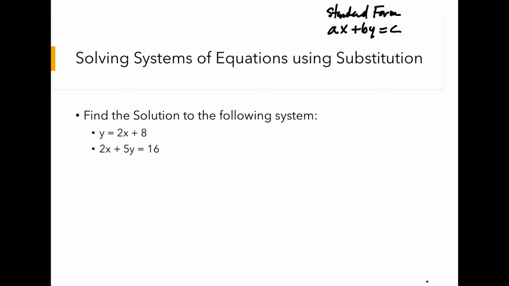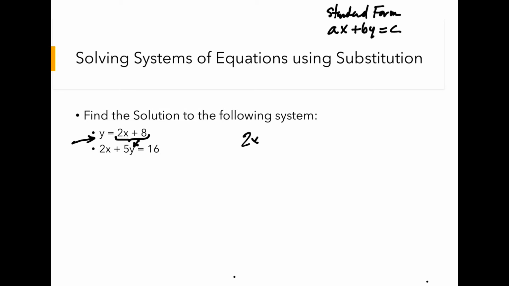I also want to point out that the first equation is already solved for one of the variables. When we say solve for a variable, that means get it to one side of the equation and everything else to the other side, so that variable is by itself. And so we have an expression here for y. My first step in solving this using substitution is to substitute that value in for y.